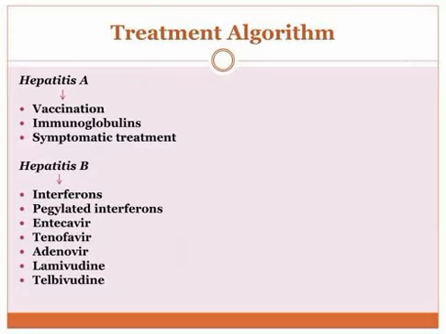Next will be the treatment algorithm. For hepatitis A, mainly we have to give vaccinations, immunoglobulins, and symptomatic treatments. We have to treat the symptoms. Next will be hepatitis B. In this we have to give interferons, pegylated interferons, entecavir, tenofovir, adefovir, lamivudine, telbivudine.